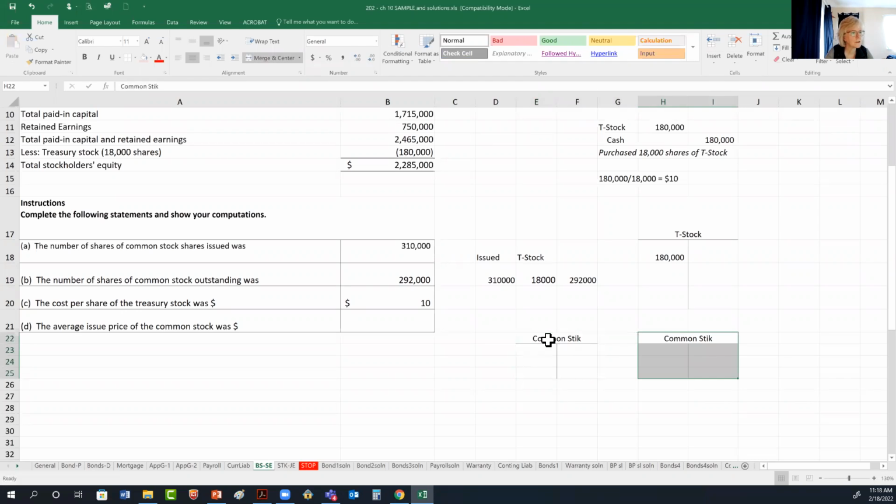We have to look at two accounts. We have to look at common stock and APIC for common stock. So we have to look at the balance in common stock. What is the balance in common stock for this problem?